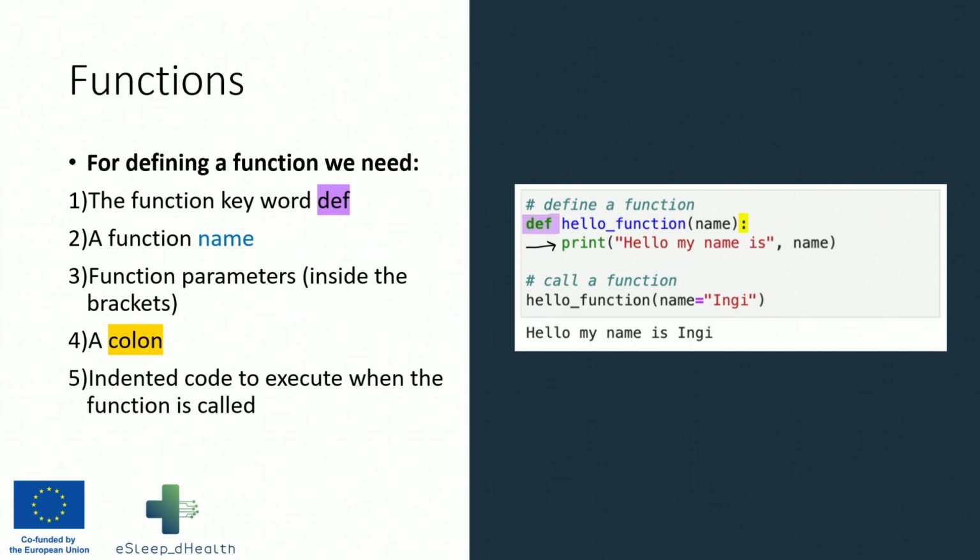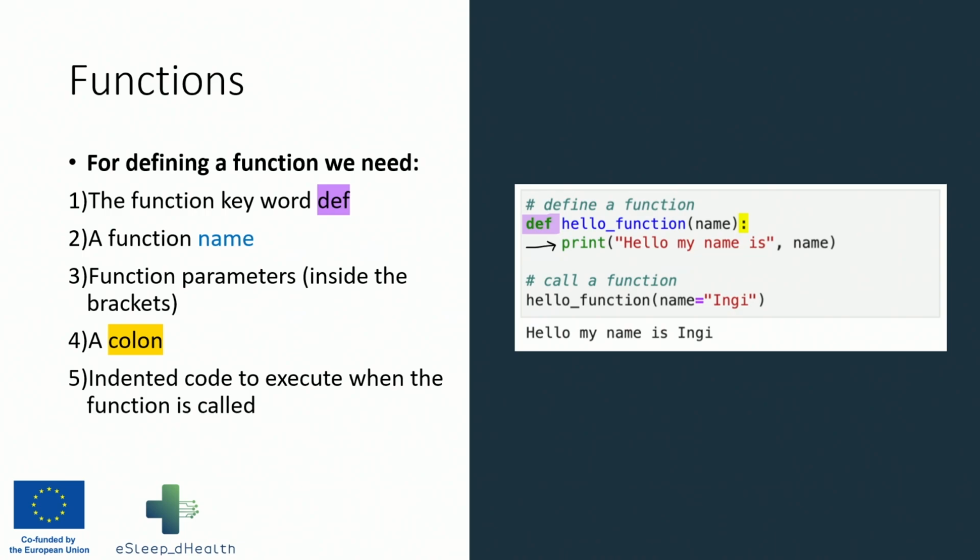But what are parameters? Parameters can be the variables we want to fill in or use within this code block. Then we end this definition of a function with a colon. And then once again, all of the code that should be executed within a function needs to be indented.